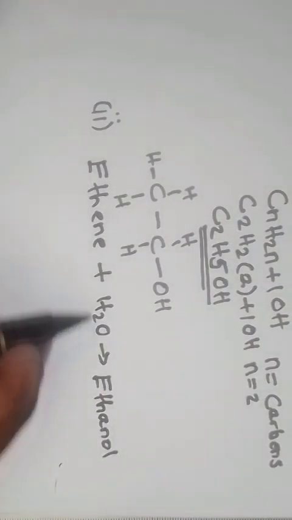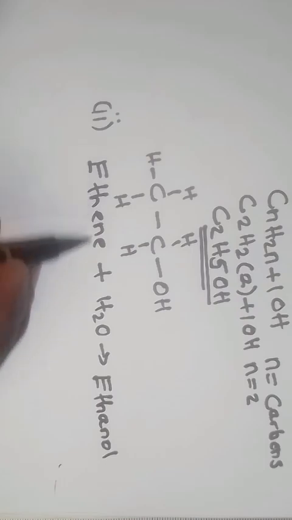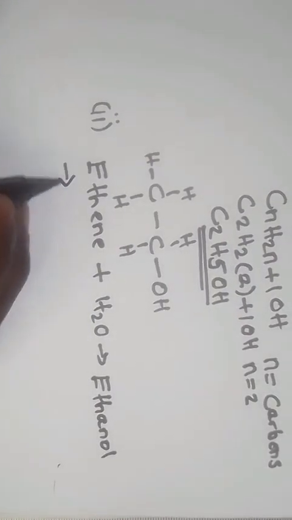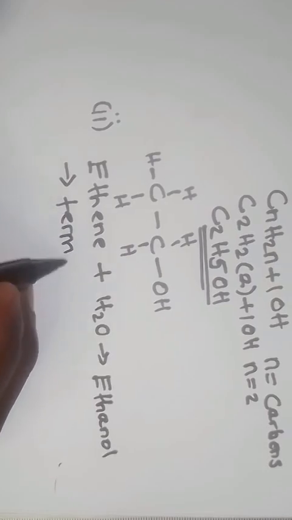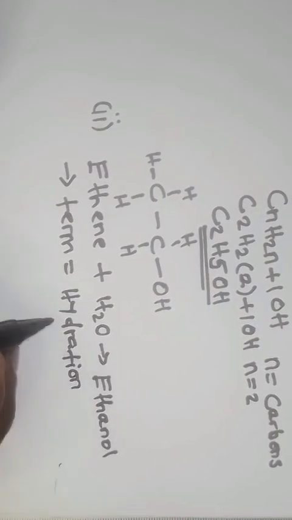Now, what do we call this combination of ethene plus water? The term is simply hydration. That is the term that we use to describe the manufacturing of ethanol from ethene.